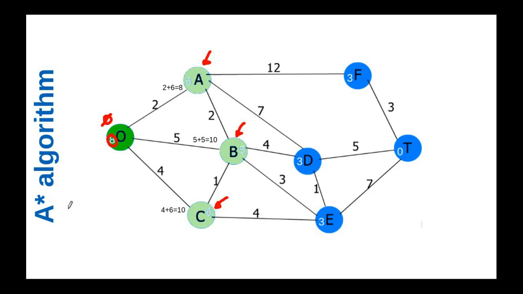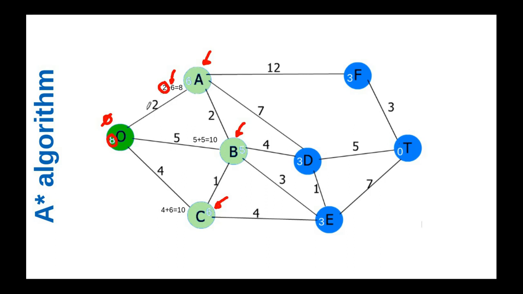Now, the A star algorithm runs in a similar way to the Dijkstra algorithm, but you are not only considering the cost of going from one node to the neighbor, but also you add the heuristics from this destination node to the target.